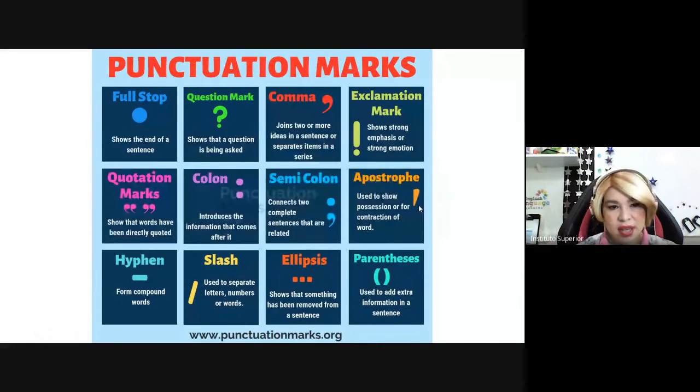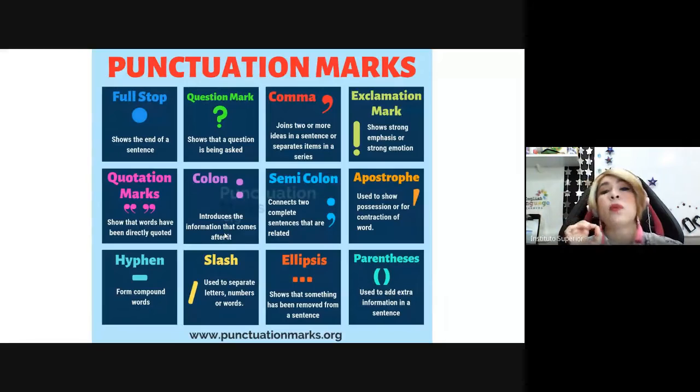The hyphen is this short line used for compound words. The slash is used to separate letters, numbers, and words. The ellipsis, the three dots, shows that something has been removed from a sentence. Parentheses are used to add extra information in a sentence.